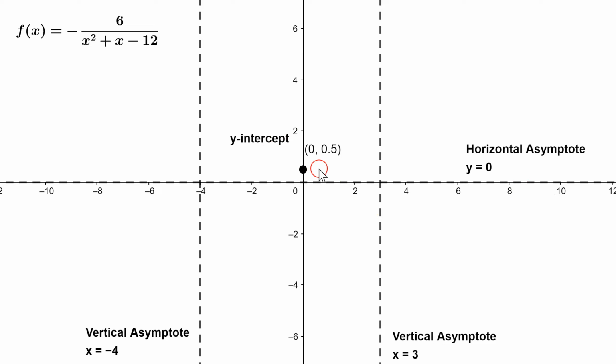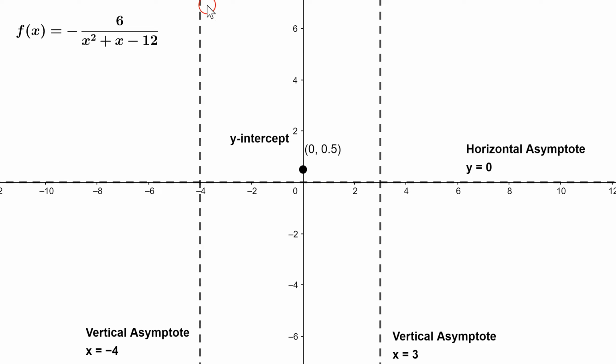As we've already plotted a point in the center region of the graph, let's work on the graph there first. At vertical asymptotes, we know the graph will either increase without bound or decrease without bound. But in this case, if the graph was going to go down in this region or in this region, it would have to cross the x-axis, and we know it doesn't do that because there are no x-intercepts.